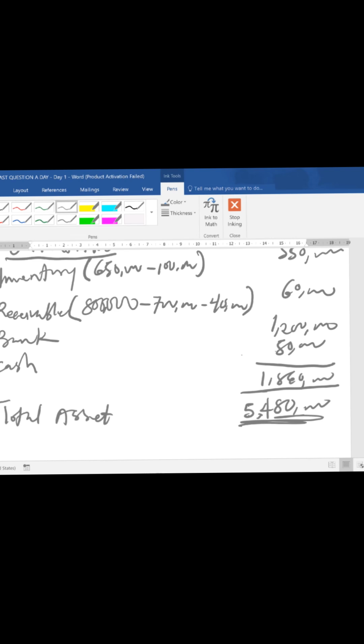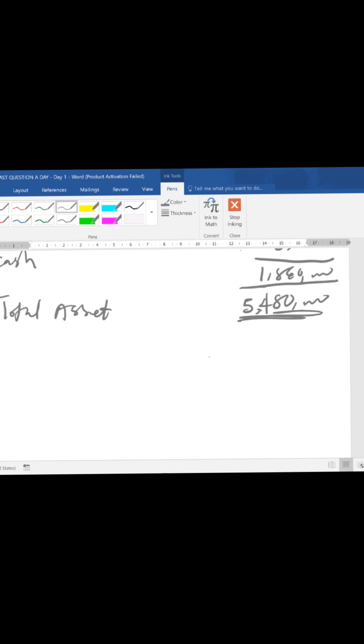Now let's move to the equity and liability part of things. So for our equity, we have our share capital, which is 2 million.